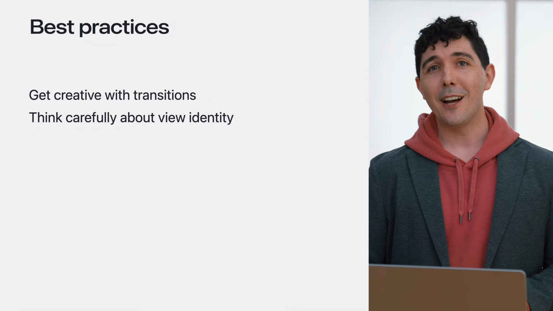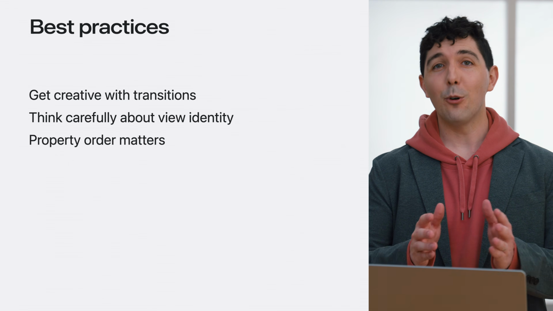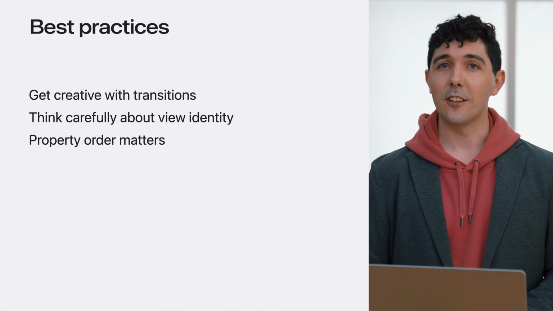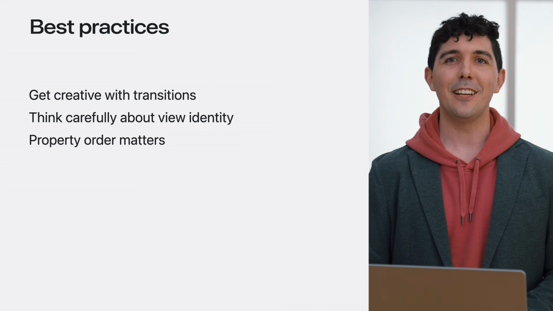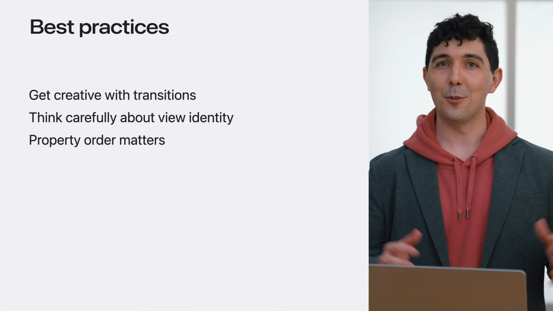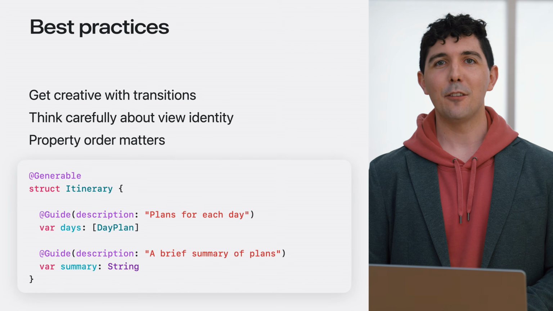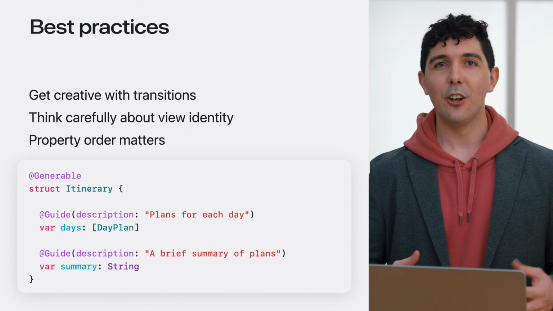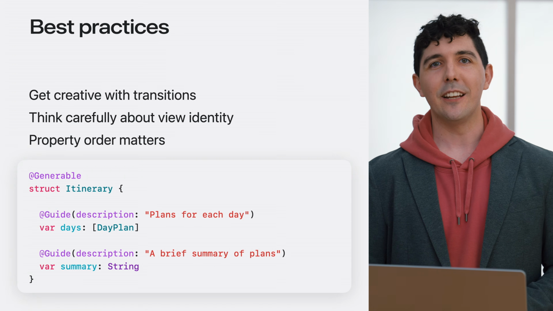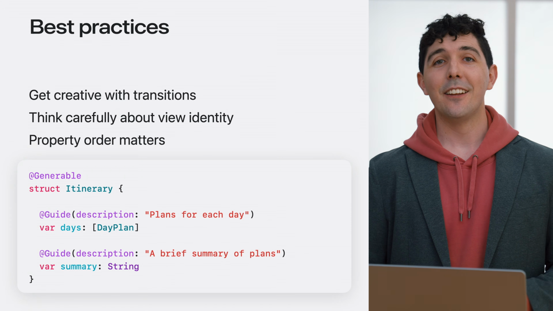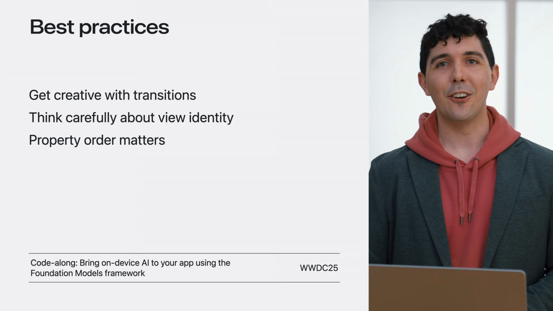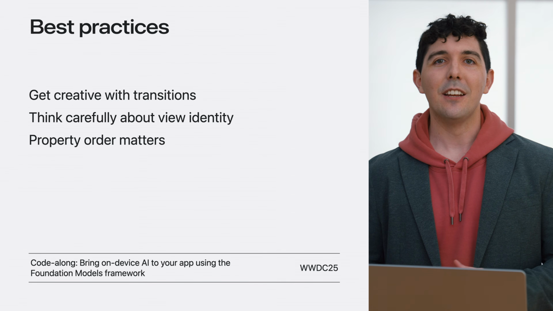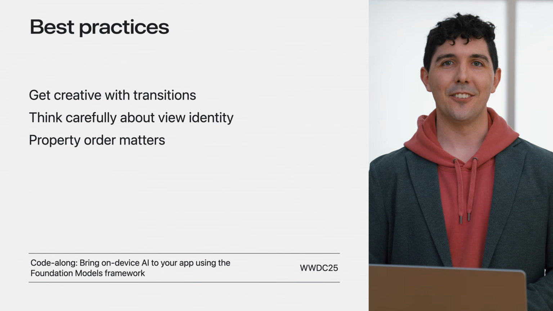Finally, bear in mind that properties are generated in the order that they're declared on your Swift struct. This matters both for animations and for the quality of the model's output. For example, you may find that the model produces the best summaries when they are the last property in the struct. There is a lot to unpack here, so make sure to check out our video on integrating foundation models into your app for more details.